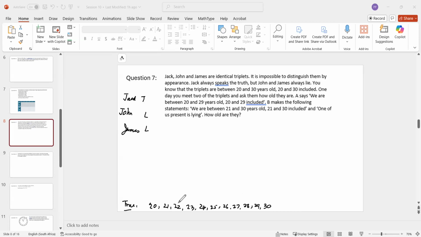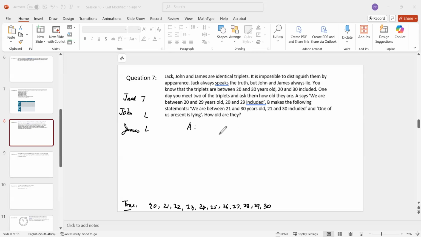Okay. Now, one day, you meet 2 of the triplets. Right now, you don't know which 2 you meet because they're all identical. Anyway, you meet 2 of them. We don't know what they are, so we are calling them A and B. So what does A say?